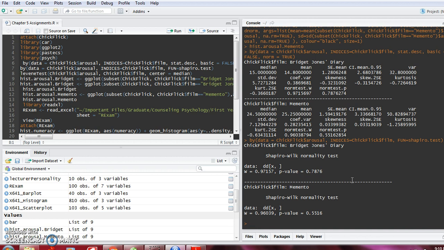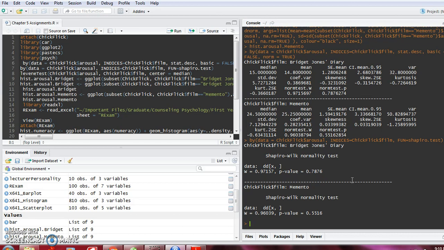Now, testing homogeneity of variances, we're going to be using Levene's test. Levene's test essentially tests homogeneity of variances. What this means is that it tests to see if the variances of different groups are essentially equal.